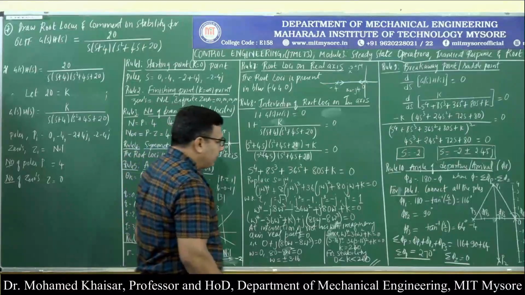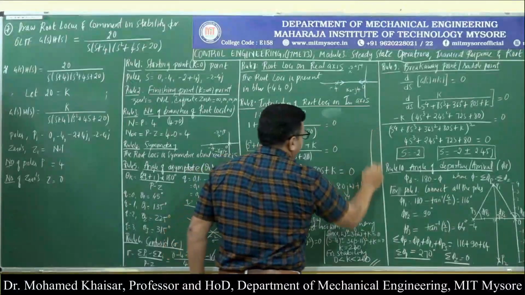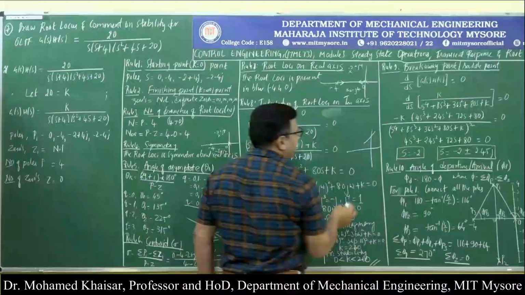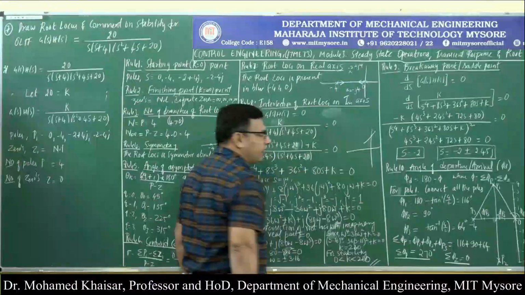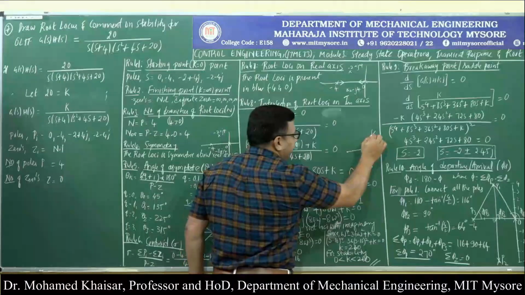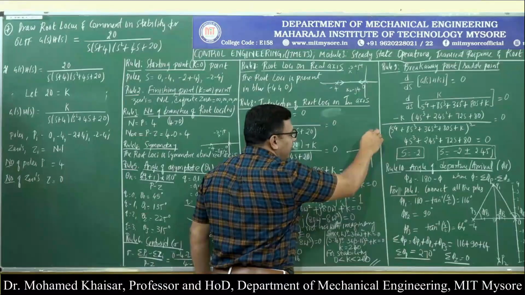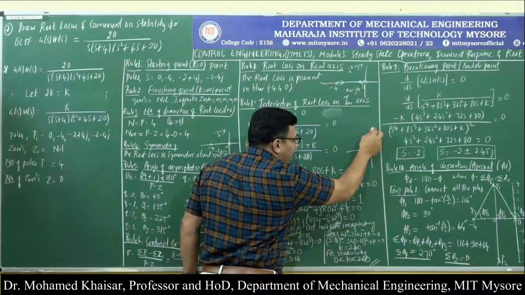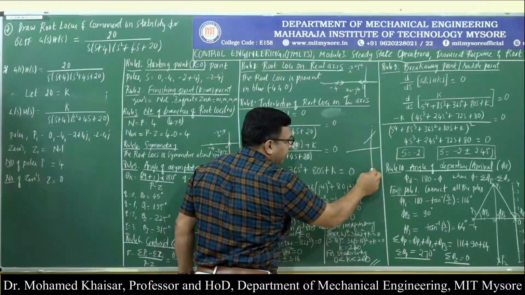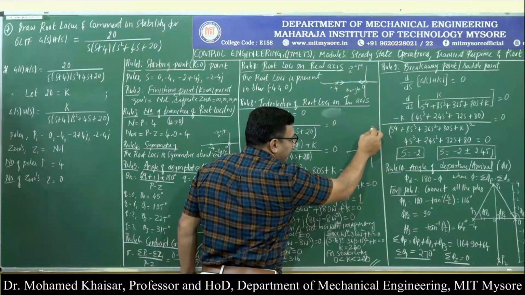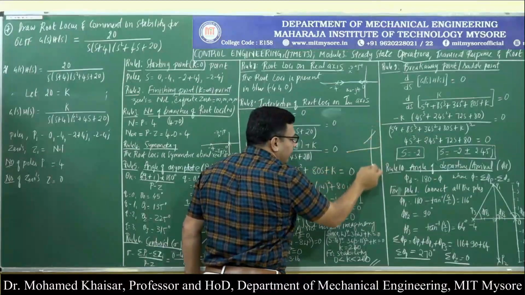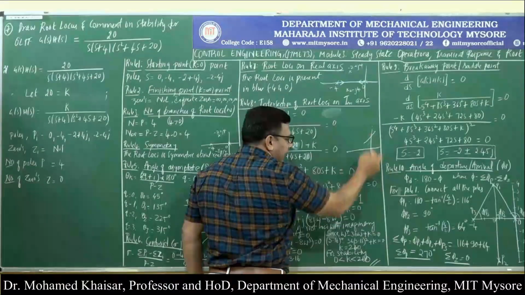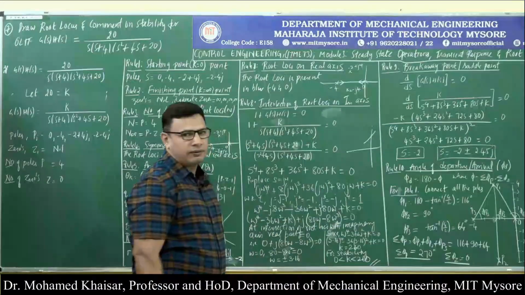Then we know that at the intersection of root loci with the imaginary axis, if this is the root loci and this is the intersection point, what will be the real part? We know that anywhere on the imaginary axis, from plus j infinity to minus j infinity, the real part is going to be 0.